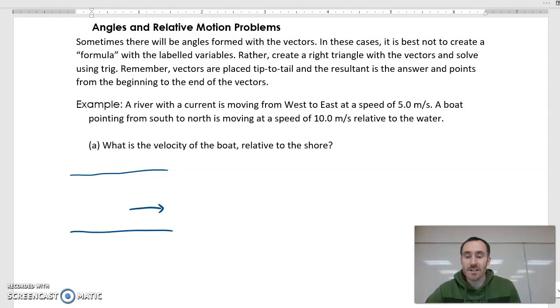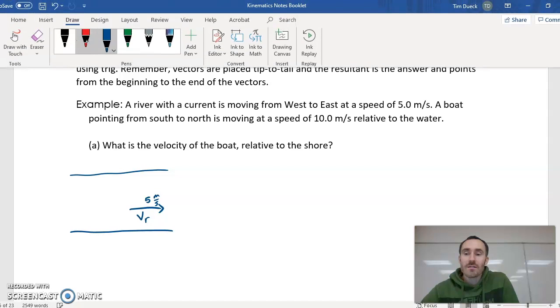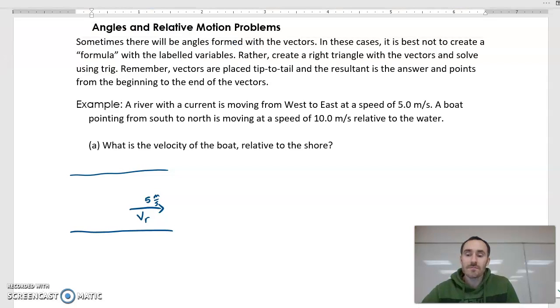There's our river velocity. So I'm going to call that VR. Sure, doesn't really matter, but that's the river velocity, which is 5 meters per second. And then we also have a boat that's on the water. The boat is traveling from south to north at 10 meters per second relative to the water.